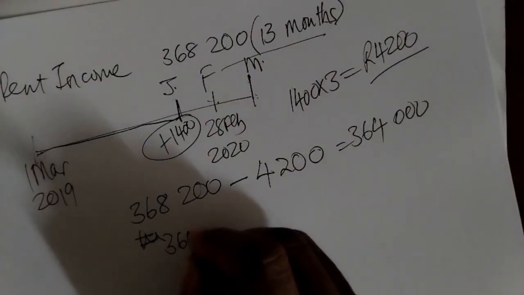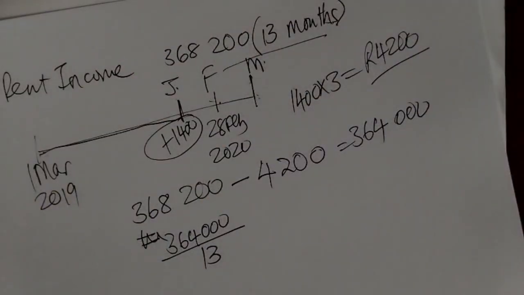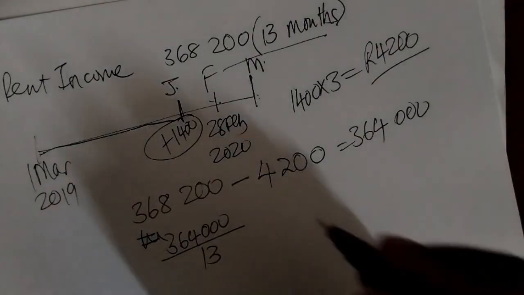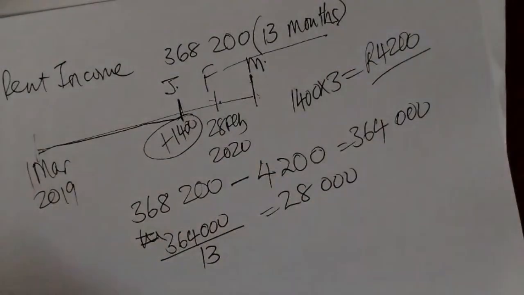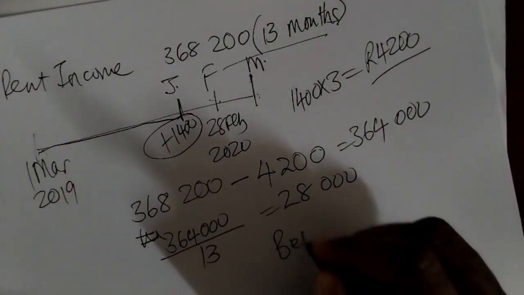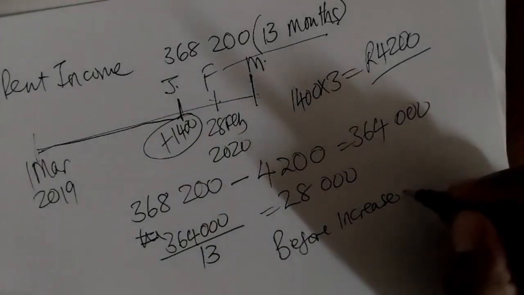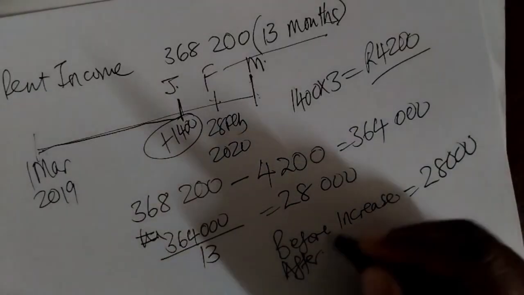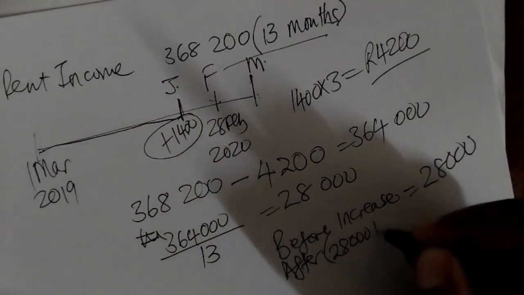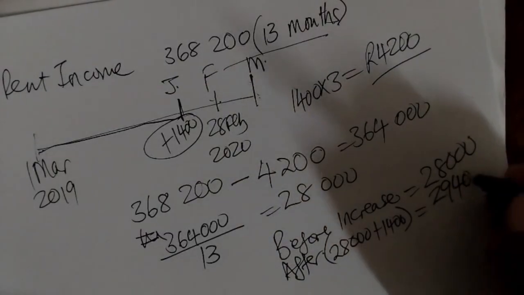You take the 364,000 and divide it by 13 months. That's going to give you 28,000. So before the increase, the rent was 28,000. After the increase, it became 28,000 plus 1,400, which made it 29,400.